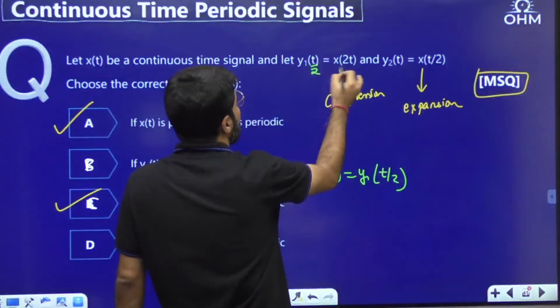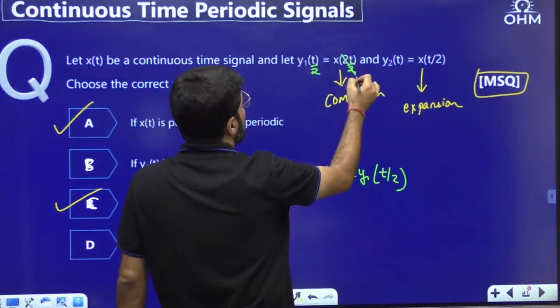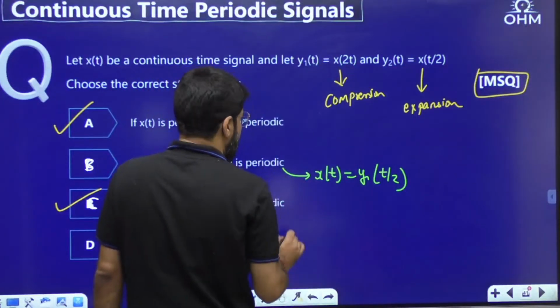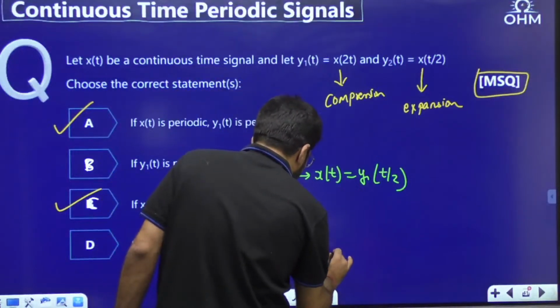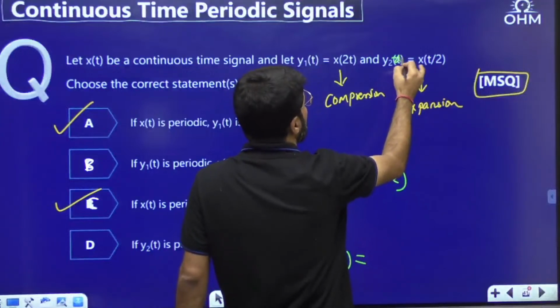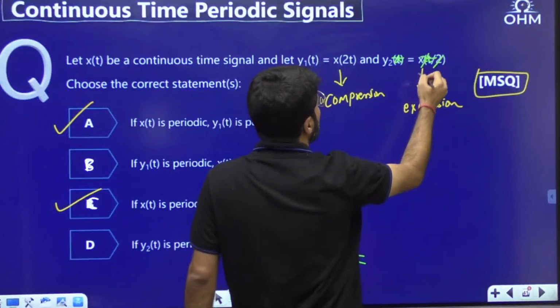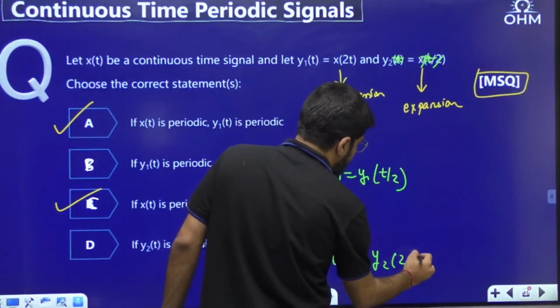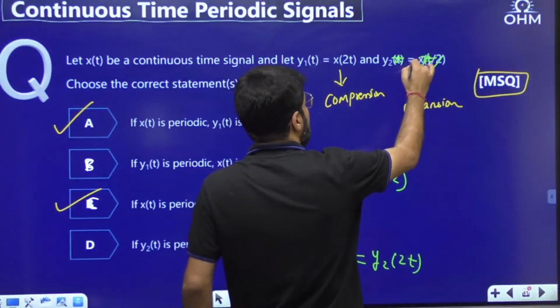Because when you write t by 2, the 2 will cancel, giving xt. So xt is y1 of t by 2. Similarly, in terms of y2, y2t is x of t by 2. So if you write 2t here, 2t by 2, the 2 will cancel. So what is xt? y2 of 2t.